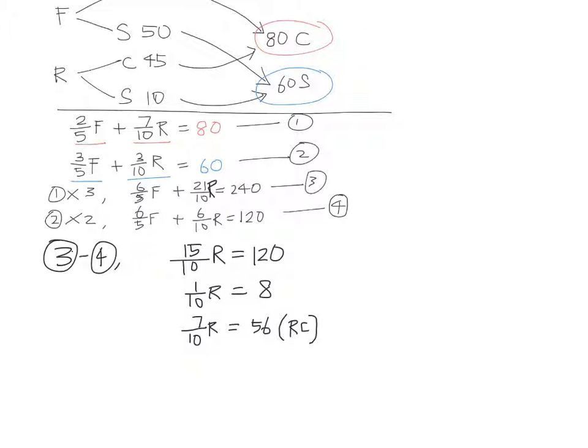Okay, so if Ryan's chocolate in the end is 56, the remaining 3/10 of Ryan should be 24. It should be Ryan's sweets. So Ryan's chocolate in the end is 56 and sweets are 24.